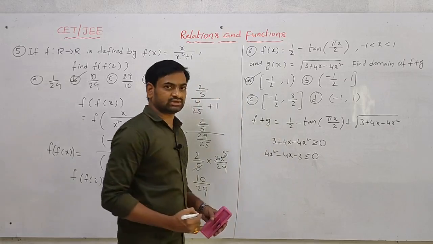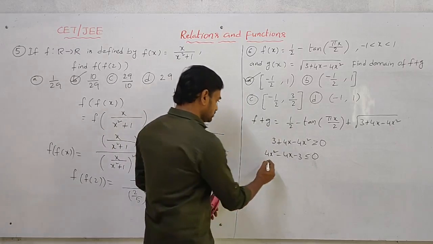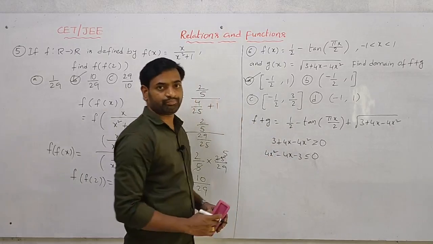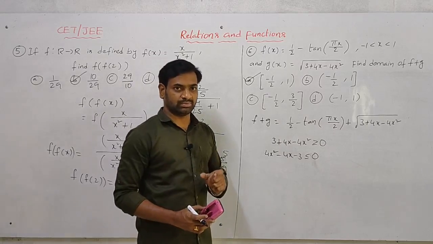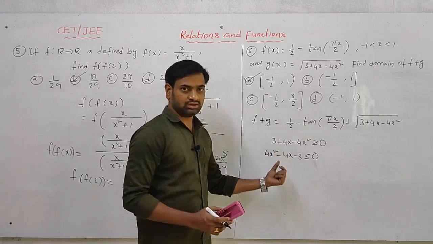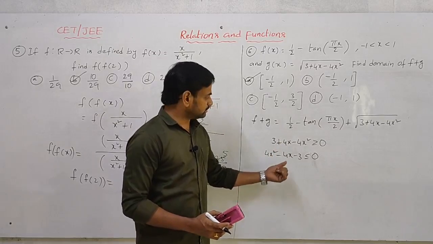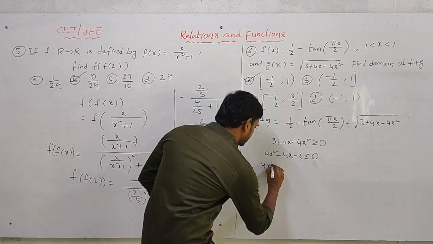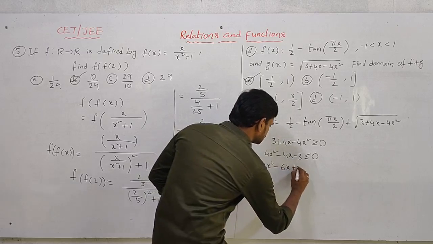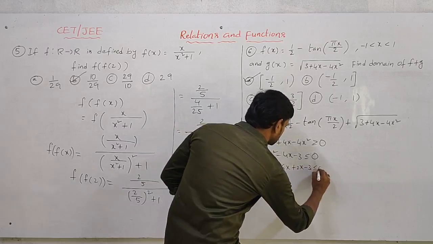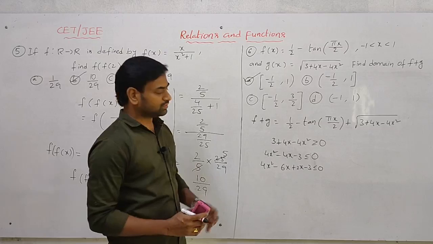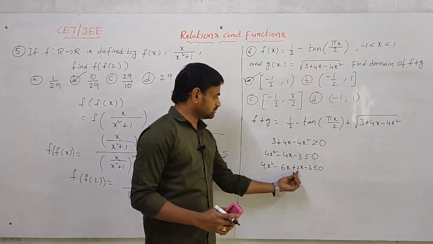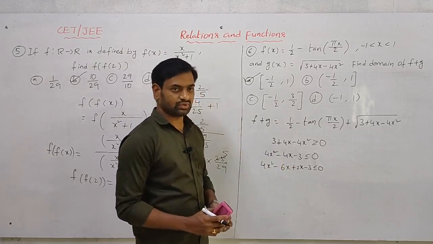So that is 4x square minus 6x plus 2x minus 3 less than or equal to 0. So 6 into 2, 12; minus 6 plus 2, that is minus 4.